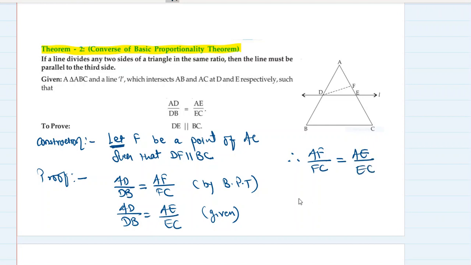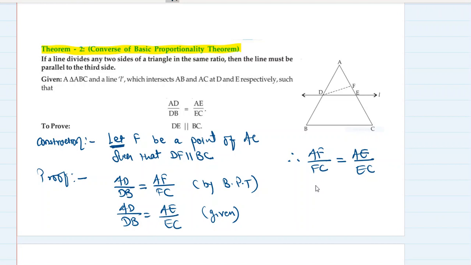Now this is very peculiar. The statement which is going to follow is very interesting, because they are going to show that F and E are not two different points. F and E are the same points. Only then AF upon FC can become AE upon EC.